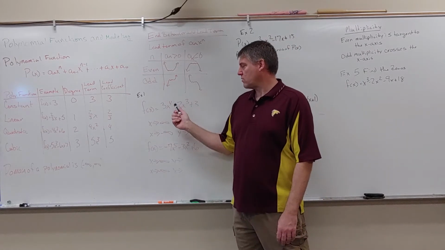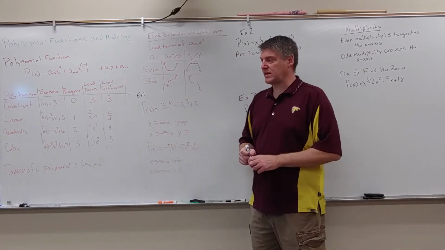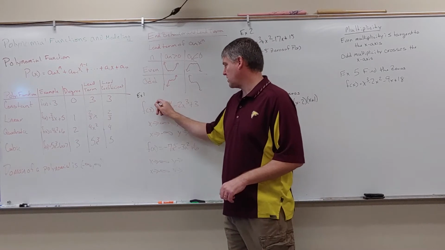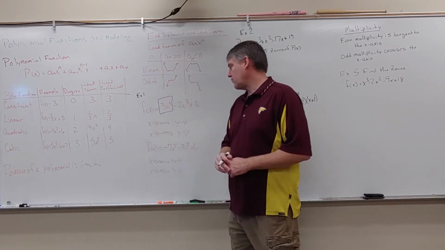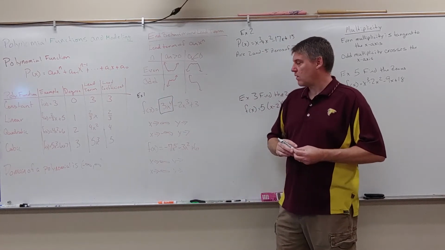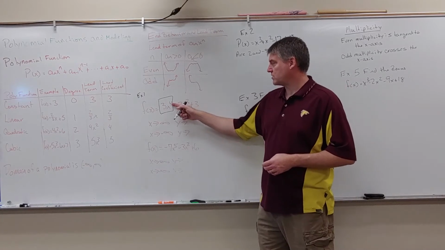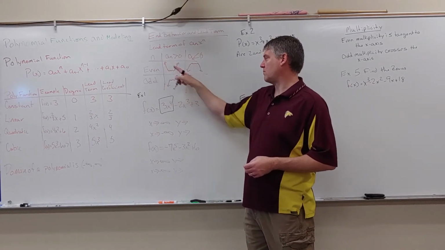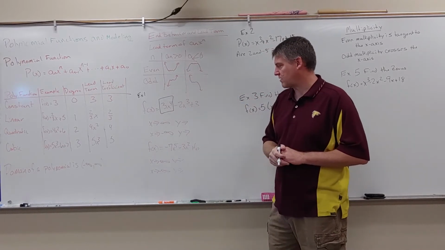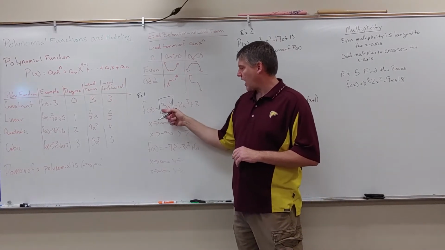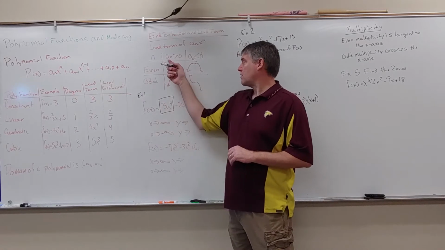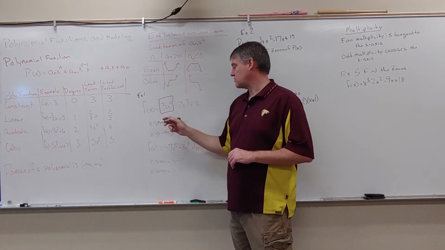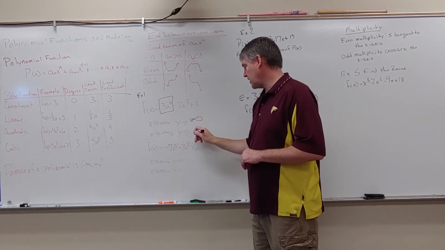So what I really want to do is look at my lead term and my lead coefficient. Well, here's my lead term, 3x to the fourth. Now I know the degree, it's 4, so it's an even power, so either both have to go to positive infinity or both have to go to negative infinity. I look at positive 3, so it's positive, so these are both going to go to infinity.